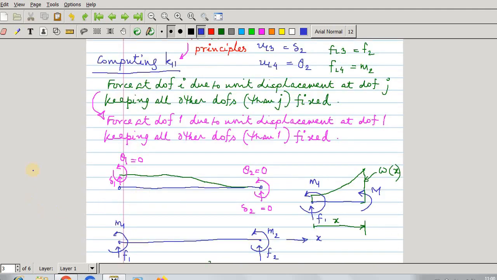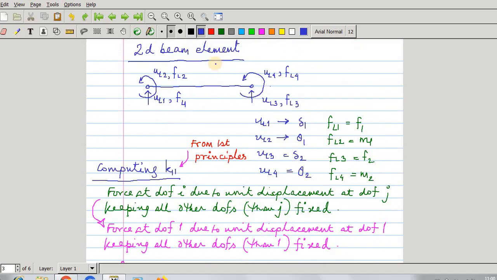Suppose we want to find out K11, then we will give only unit displacement here, so delta 1 will be 1, and all other DOFs, that means the rotation here, and the displacement and rotation at the other node, have to be taken as 0.